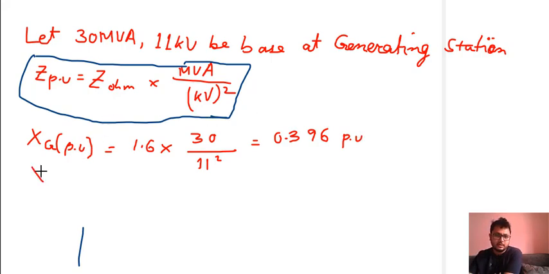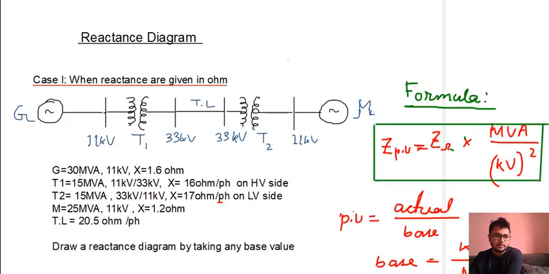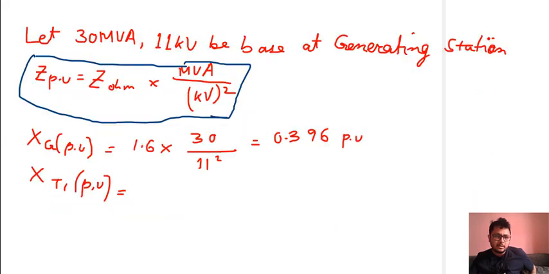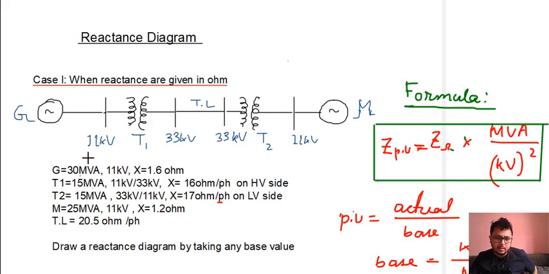Now the reactance of the transformer. Here you should be very careful while calculating the reactance of the transformer, because people make mistakes here. So now see Z ohm, how much is the reactance of the transformer? It is given as 16 ohm per phase on the high voltage side. This is the transformer, this is the low voltage side and this is the high voltage side: 11 kV, and 33 is the high voltage side. Since the reactance is given on the high voltage side, we will calculate on the high voltage side, and the base value is 30 MVA.